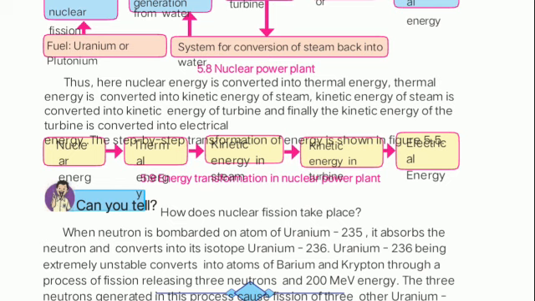Then nuclear energy creates thermal energy, which is utilized to heat up the water, and then kinetic energy of steam, then kinetic energy of turbine as the turbine is rotating, and then electrical energy.